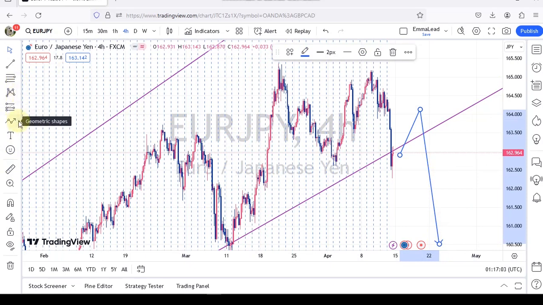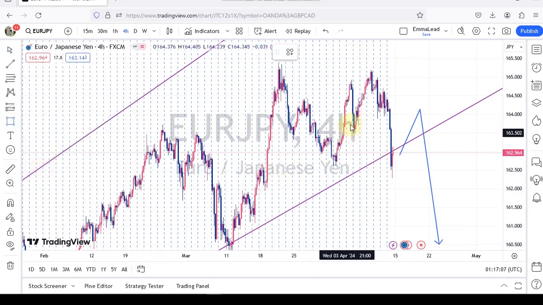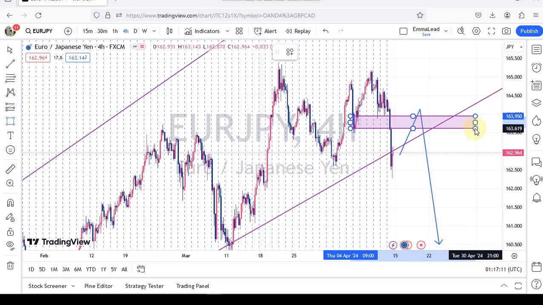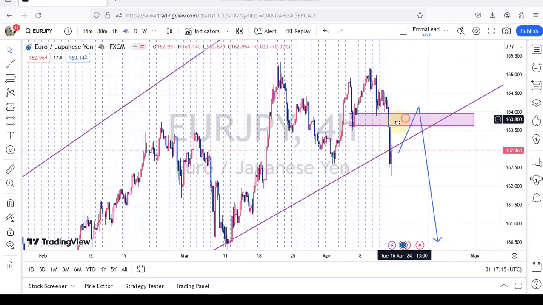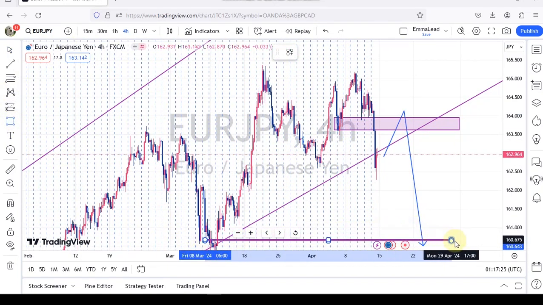Look at this. There's a zone here. I wish you can see this well. So for me, this is what I'm foreseeing. I don't know about you. That's why I always ask you, feel free to let me know what you think.